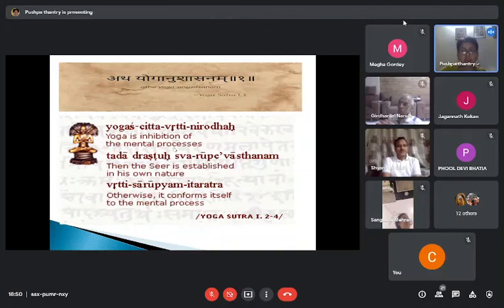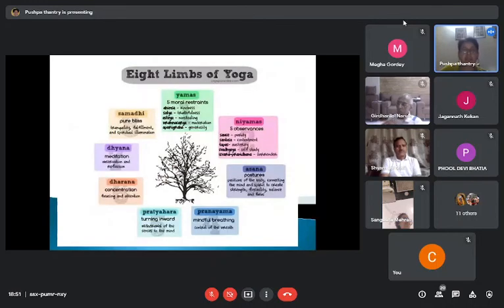This is the Patanjali Yoga Sutra. Yogash chitta vritti nirodhah, tada drashtuh svarupe avasthanam, vritti sarupyam itaratra. Otherwise, if you don't practice yoga or don't find yourself within you, then you will conform to something different. You will think something else is yourself, right? That is what it means.